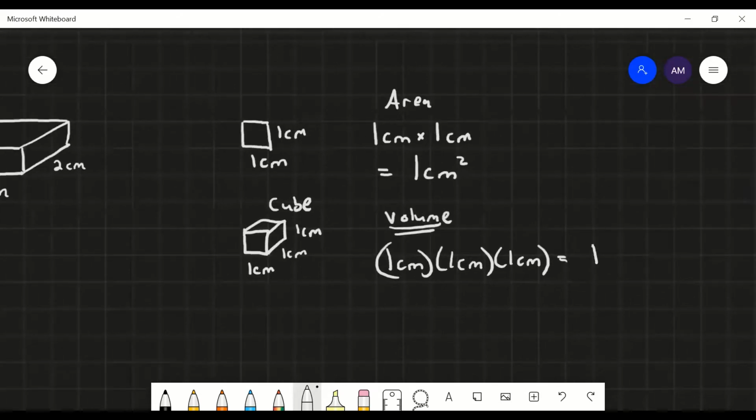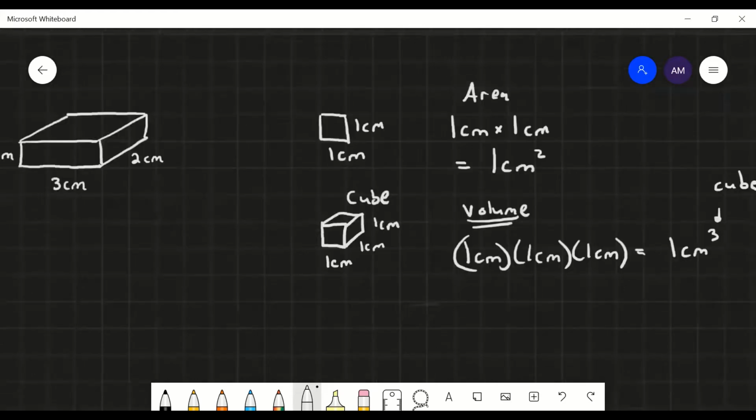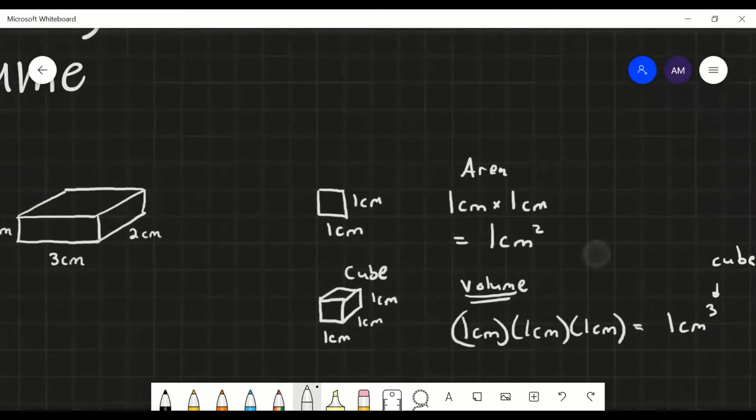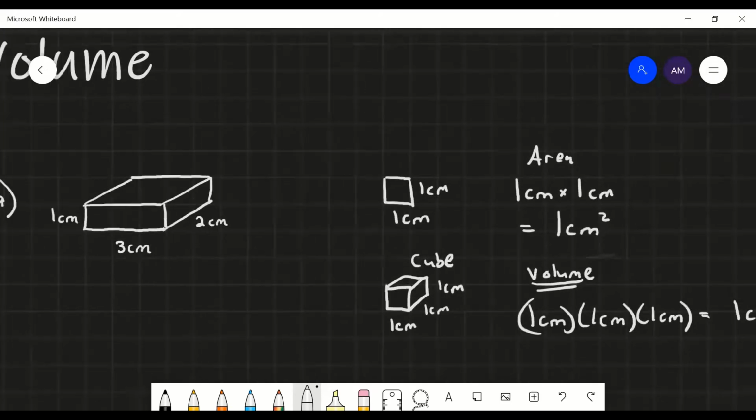And that would make 1 centimeter to the power 3, which is actually called cubed. We already called that a cubed centimeter. So you can see why it was called a cube. The same reason that squared was called a square. It all has to do with geometry.